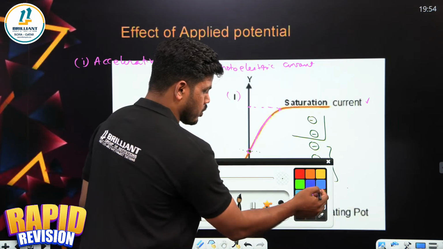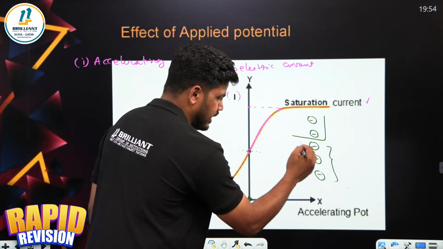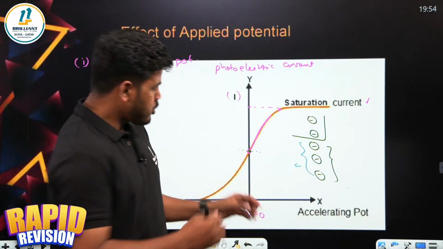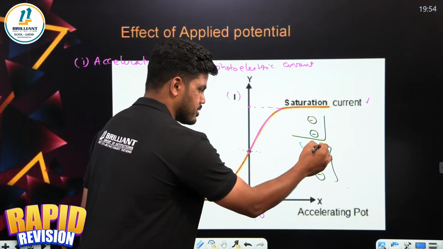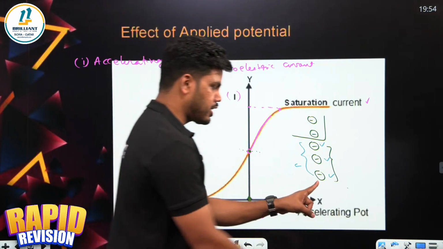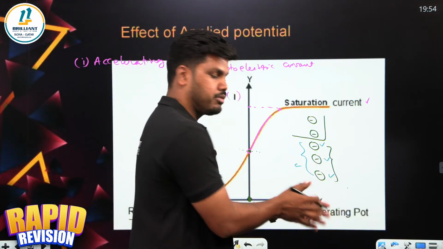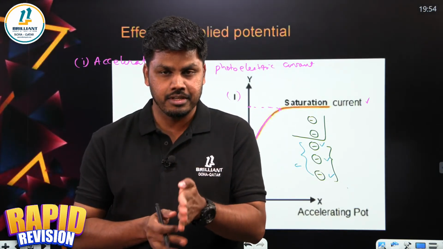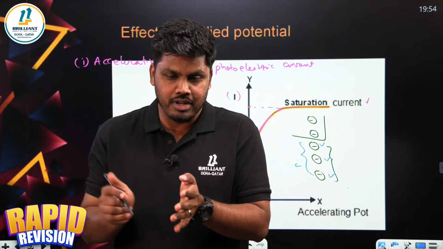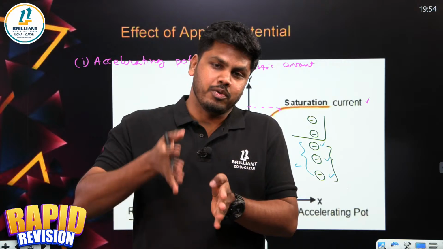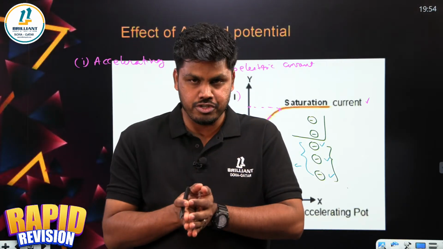Even these electrons, those who were moving by themselves, are pulled back, right? Because of the potential. So when you increase the potential, electrons will be stopping one by one as per their energy. The weakest electron will stop first, and the weakest in the sense, least energy.